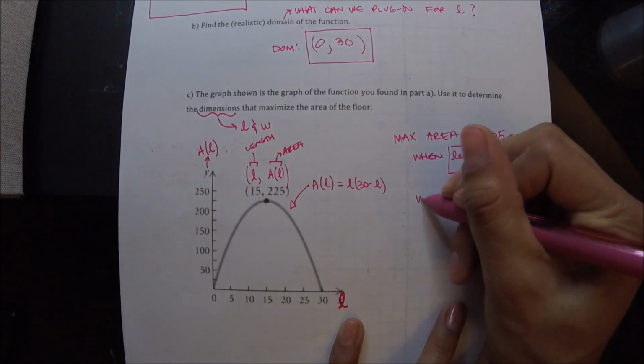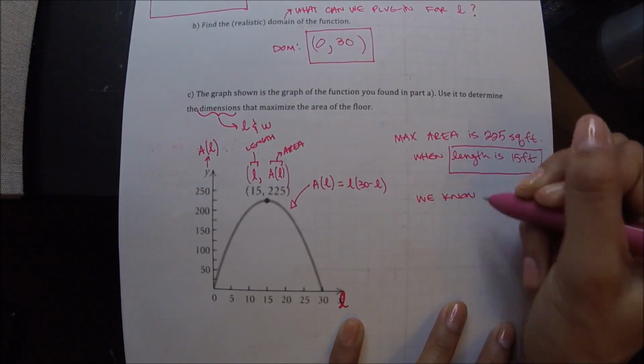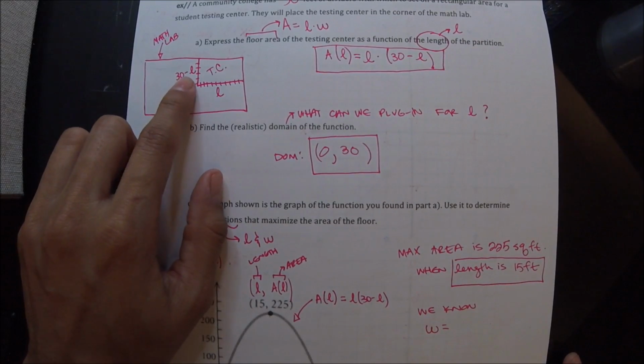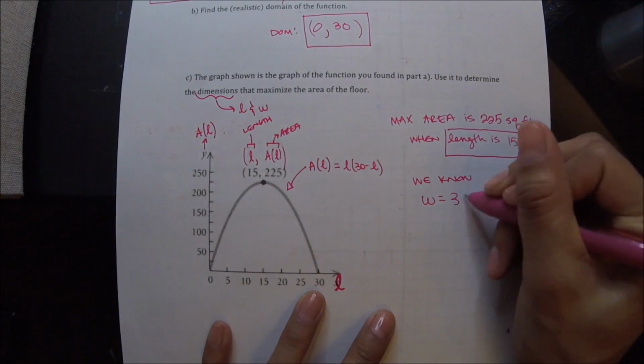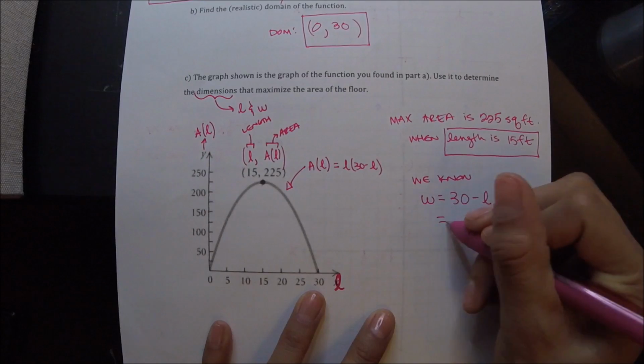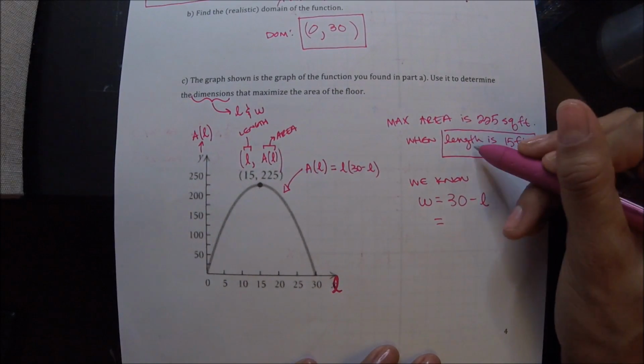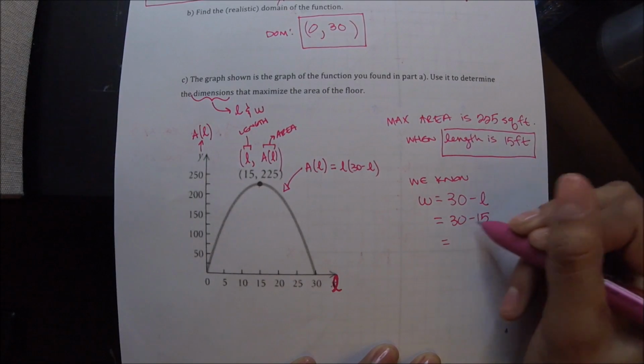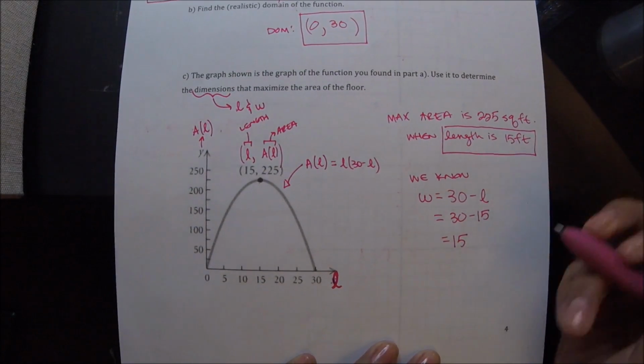So we already have the length that we want, and then we just need to find the width. But we know that the width from up here is 30 minus L. So if we plug 15 in for L, we get 30 minus 15, and 30 minus 15 is 15.